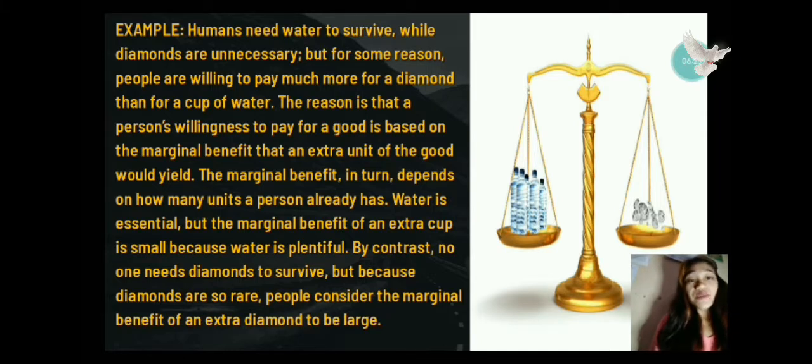The marginal benefit in turn depends on how many units a person already has. Water is essential, but the marginal benefit of an extra cup is small because water is plentiful. By contrast, no one needs diamonds to survive. But because diamonds are so rare, people consider the marginal benefit of an extra diamond to be large.